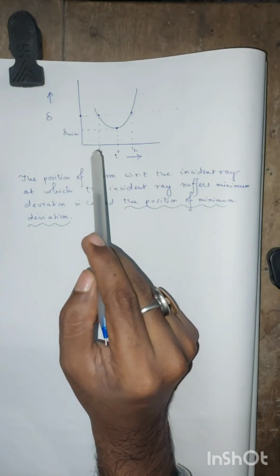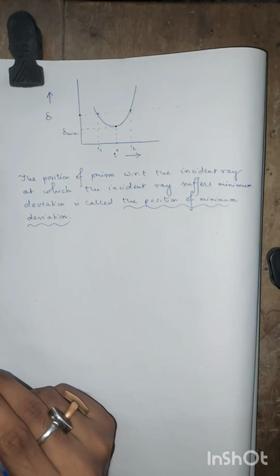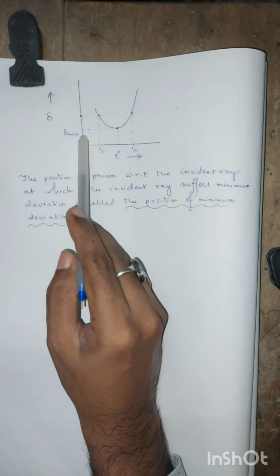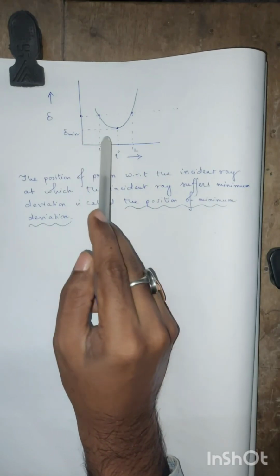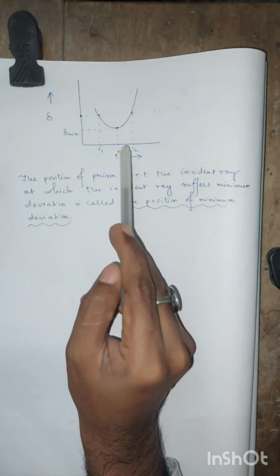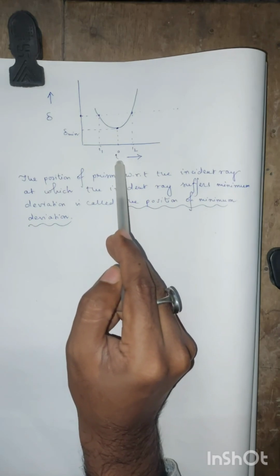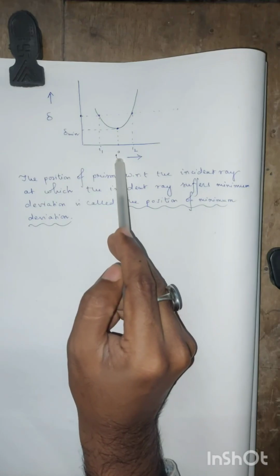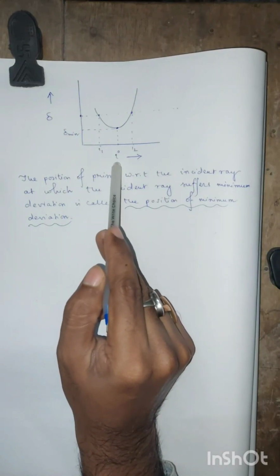Only at the position of minimum deviation, for a specific value of delta min, we are getting only one value of angle of incidence. In this case, the angle of incidence and the angle of emergence become equal.